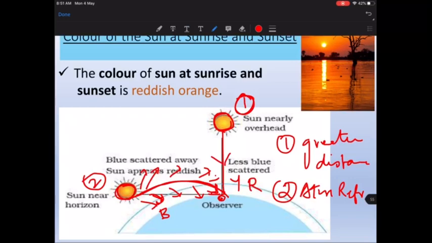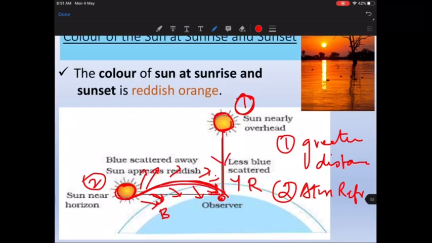The first point that has to be flashing in your answer is that during the evenings and in the mornings the light is traveling from a much greater distance, because the sun is at a much greater distance as compared to when the sun is right at the top of your head at noon. Second, when the light starts from such a great distance, first the blue light is scattered.